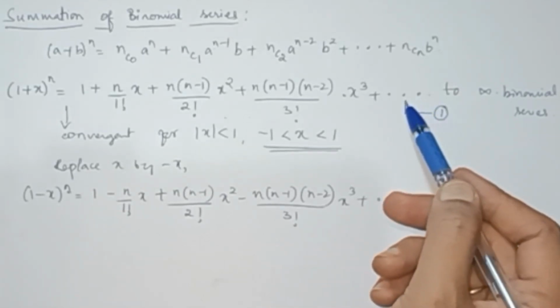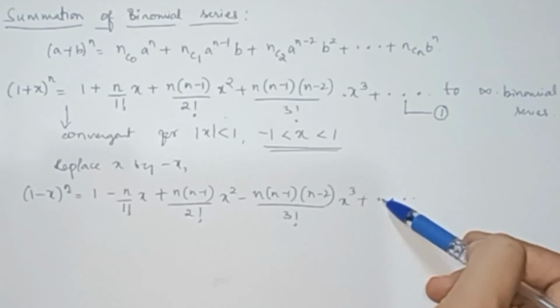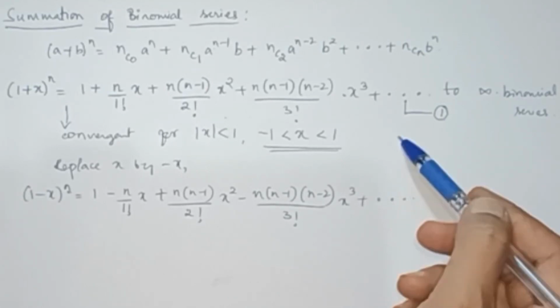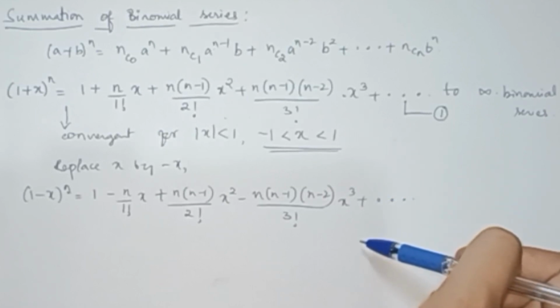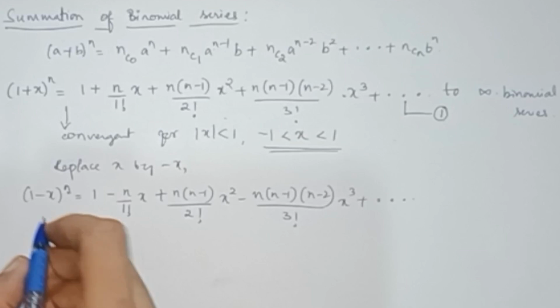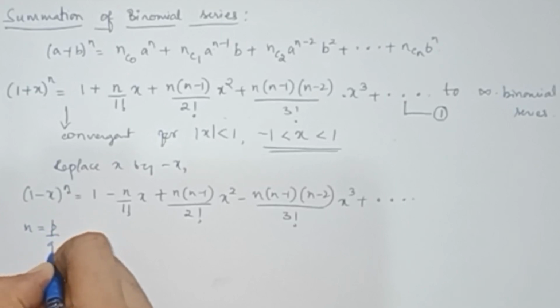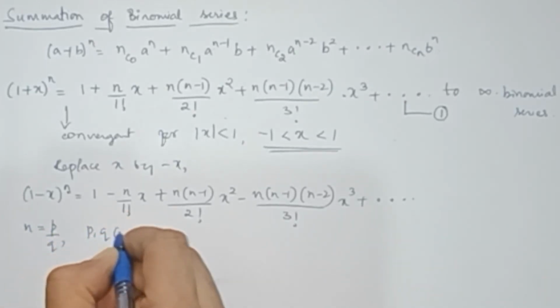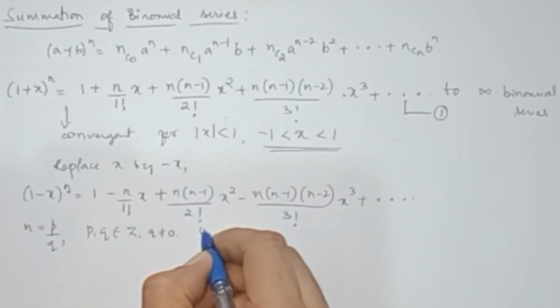Any series in this form is called a binomial series, and if you are asked to find its summation, let us see how to get it. First, replace n by p/q, where p and q belong to Z, q not equal to 0, in equation 1.